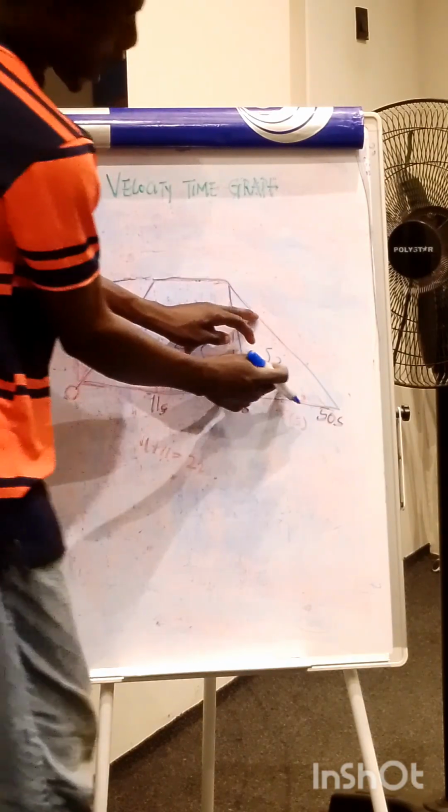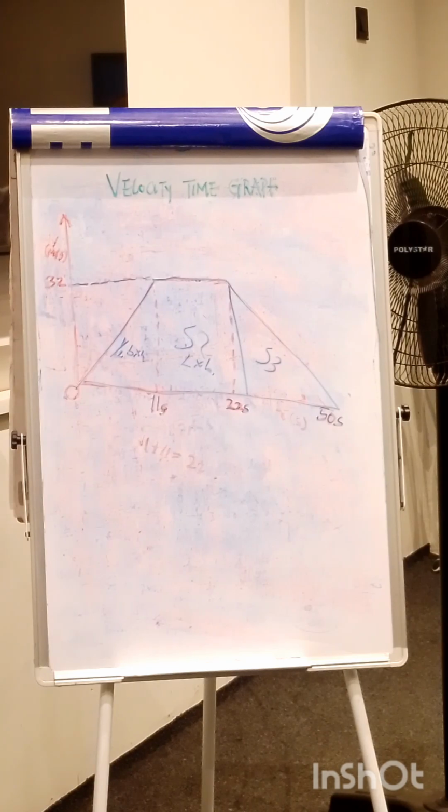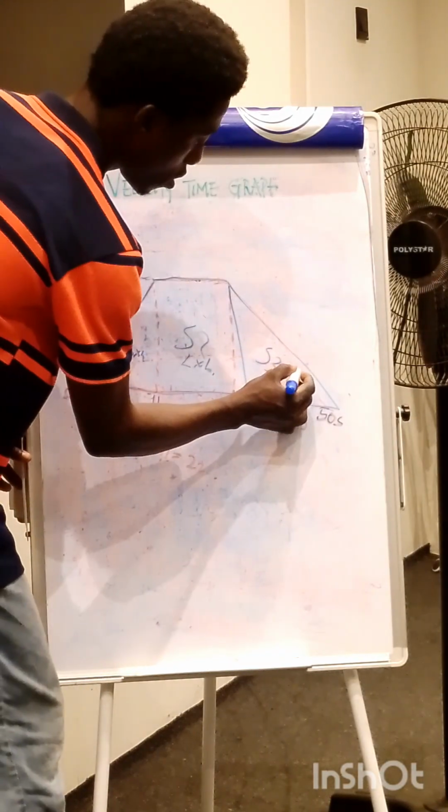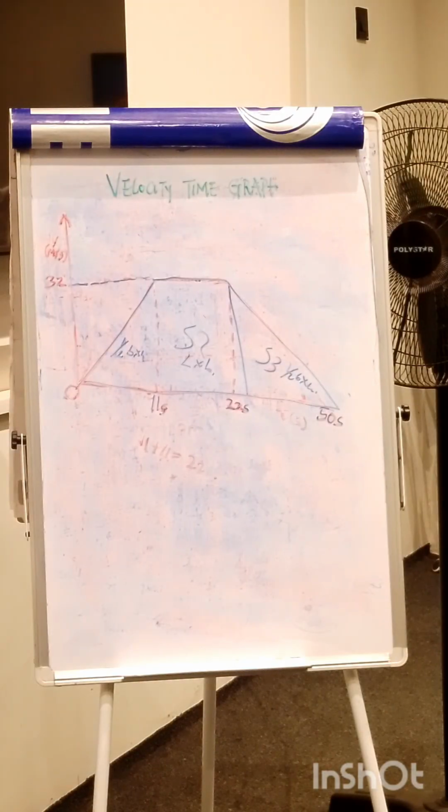And then my third house here, which is still a right angle triangle, like the one in the acceleration part, will simply be half base times height. Are you with me?